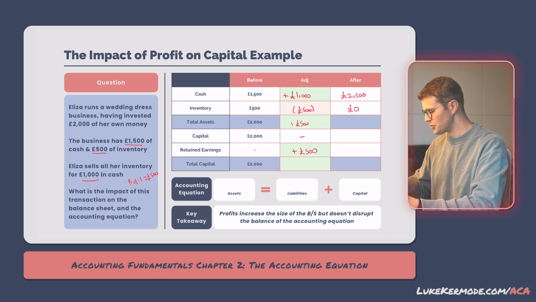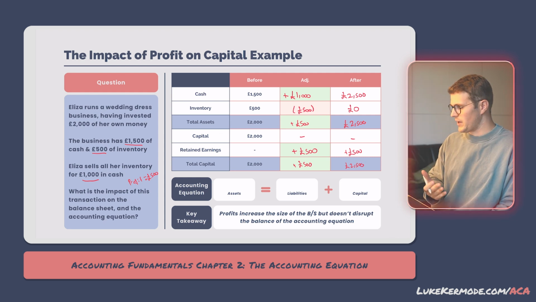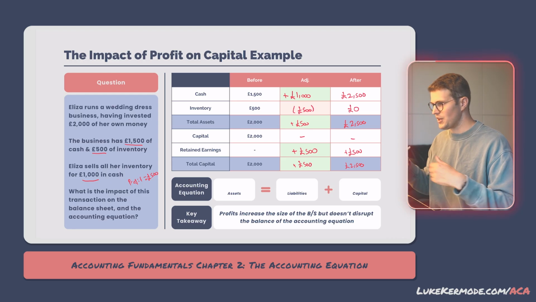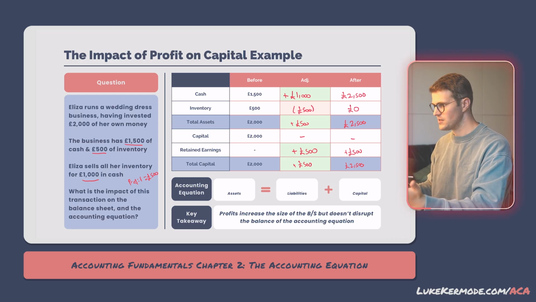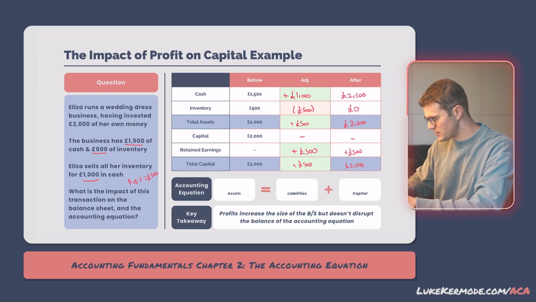So the business is now showing £2,500 of total assets and £2,500 of total capital. We have assets that are all cash, no liabilities, so the balance sheet has increased in size by £500. And the accounting equation should hopefully still be in balance.